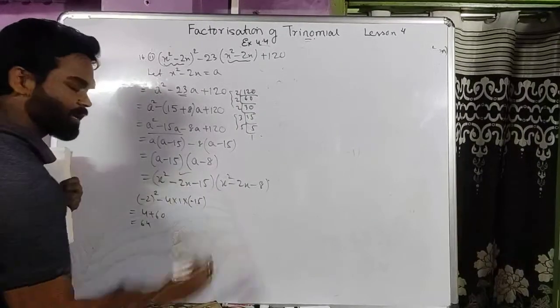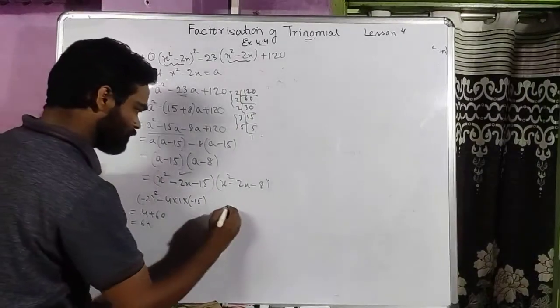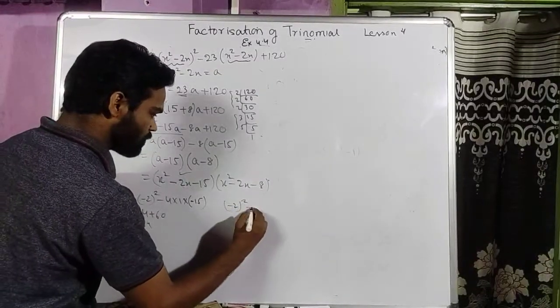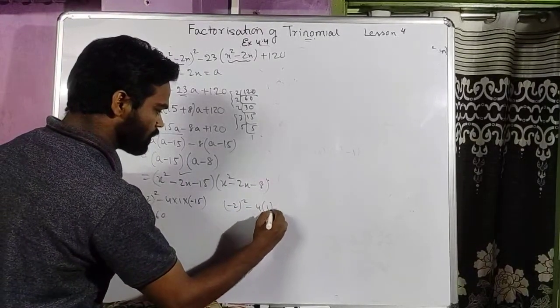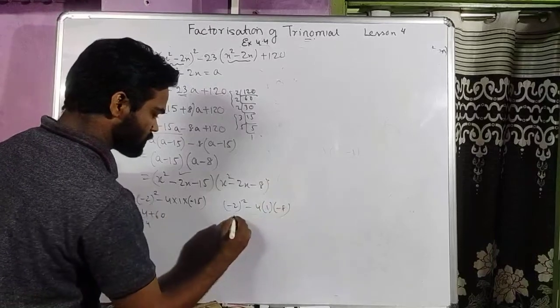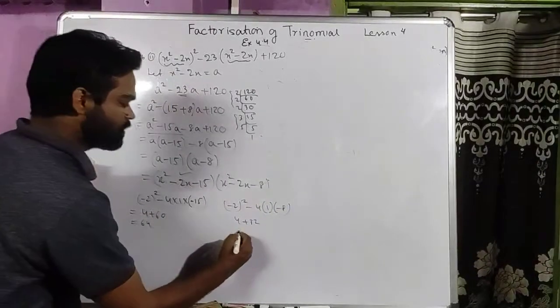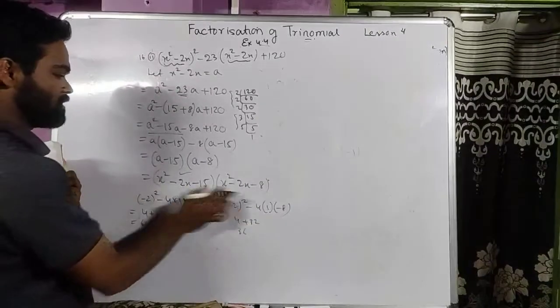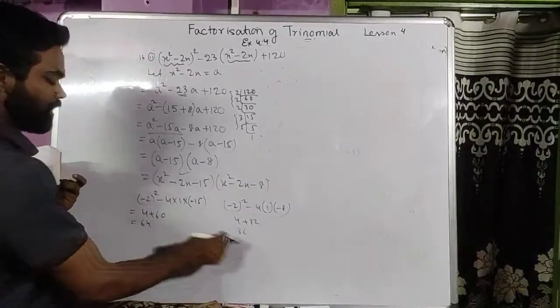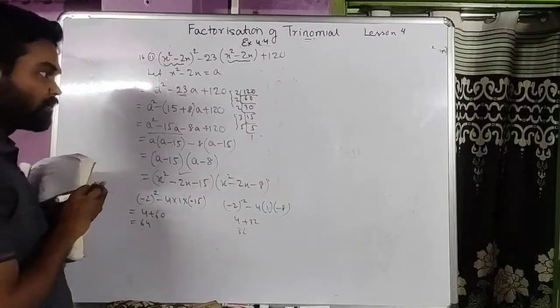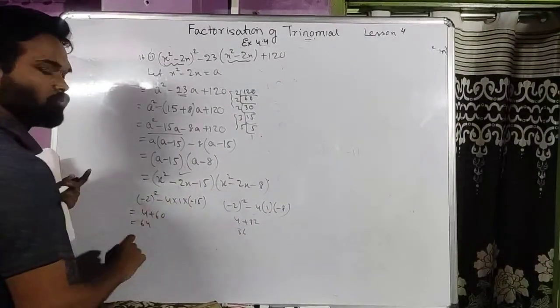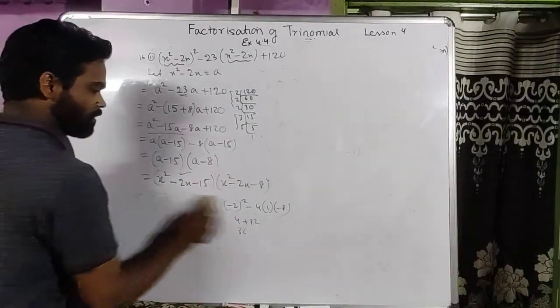So this is factorizable. Both are factorizable, because in both the cases b square minus 4ac is coming as a perfect square. So we'll again factorize these two. Okay, look carefully.